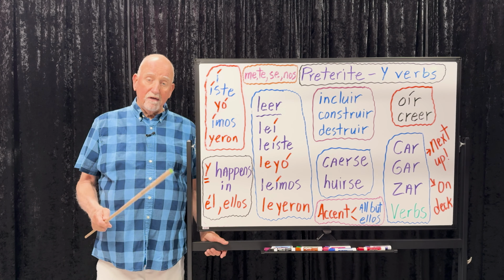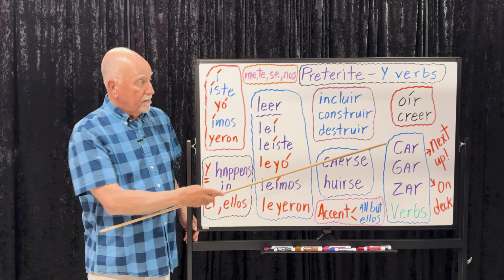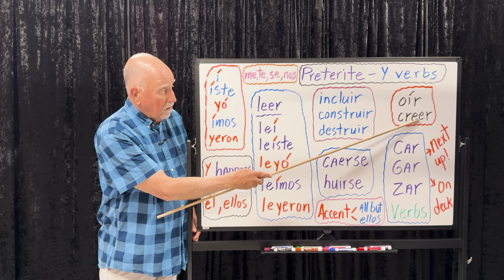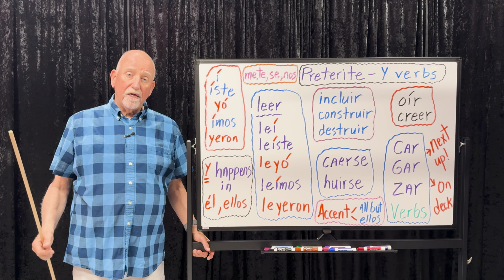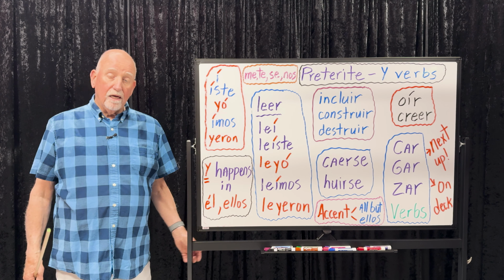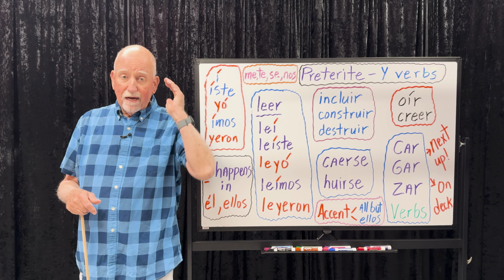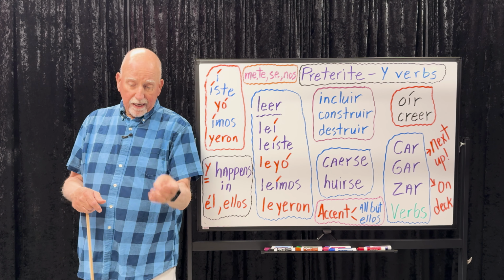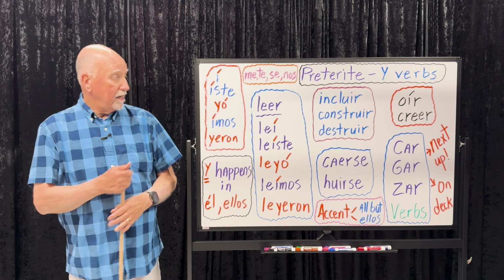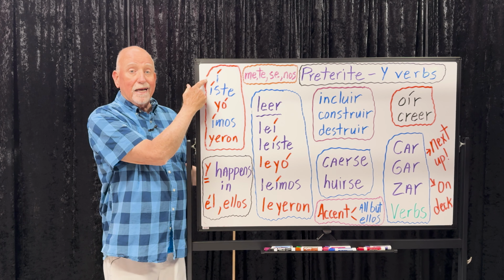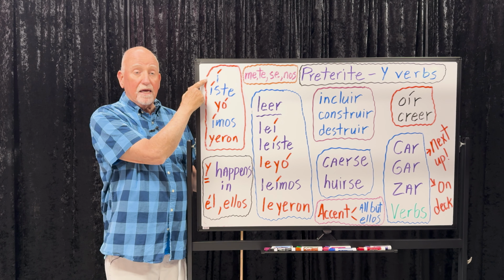Creer means to believe or to think. Take the ER off, and what does it leave? C-R-E, cree. Pronounce it until you get it. Okay? I thought, creí. I believed, creí.